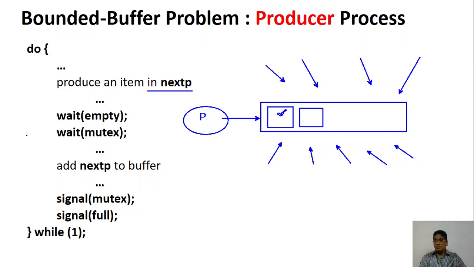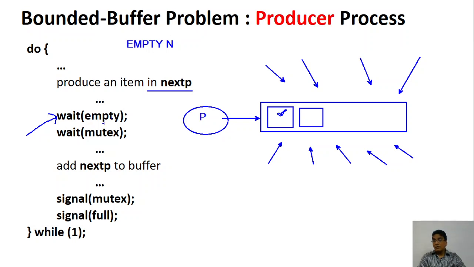So the producer is going to call wait on empty. What is the initial value of empty? As I've already told you, initially there will be n slots which are empty. Initially all of them are empty.